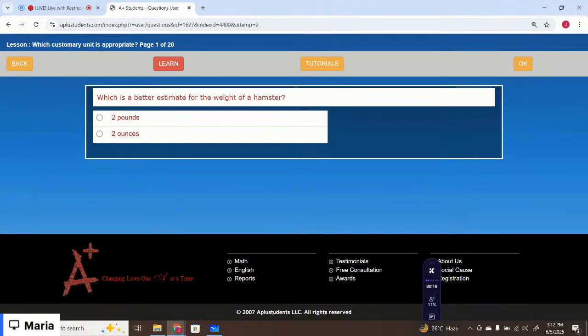Which is a better estimate for the weight of a hamster? That is 2 pounds.